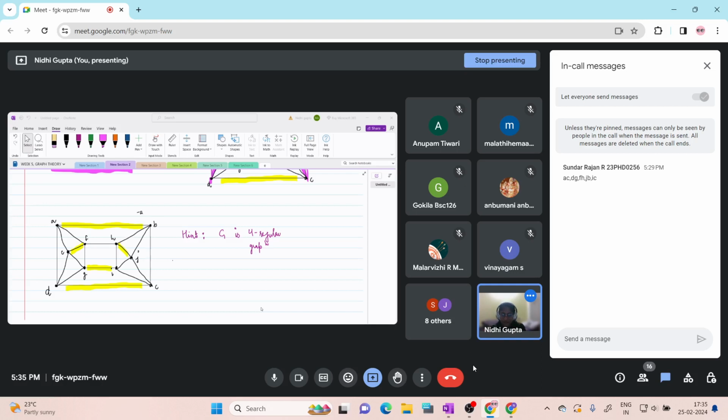So what do you think? Does this graph have a three factor?